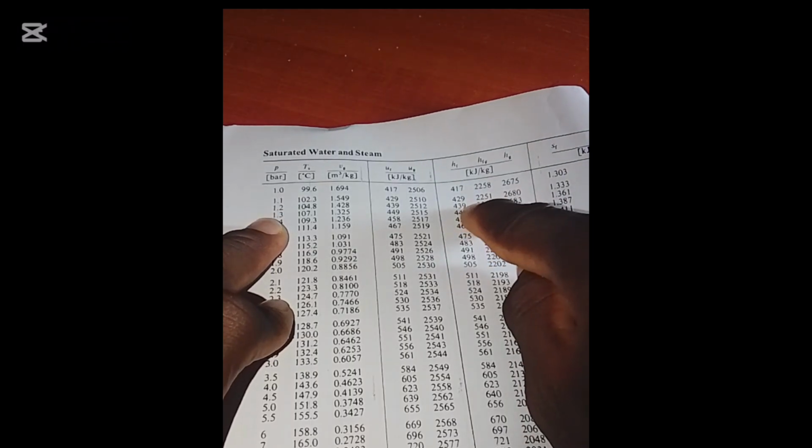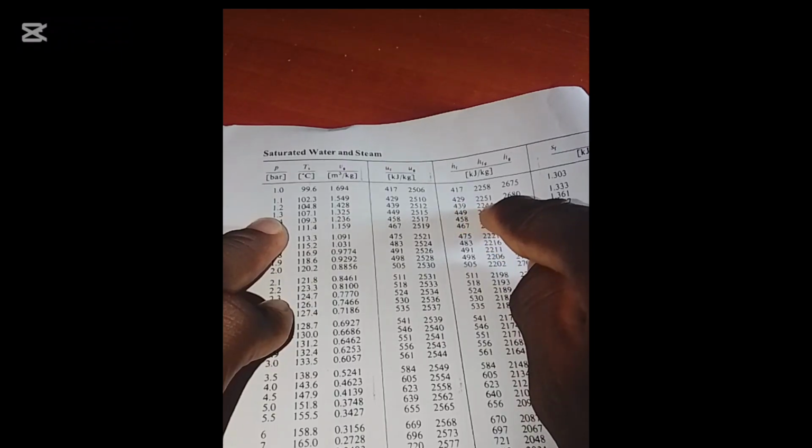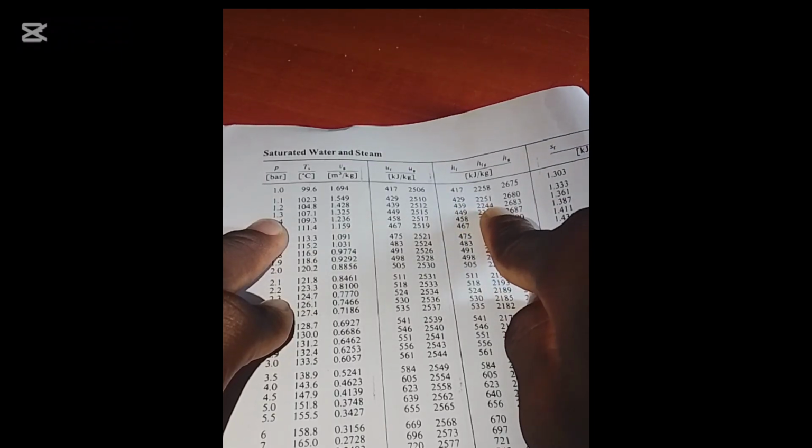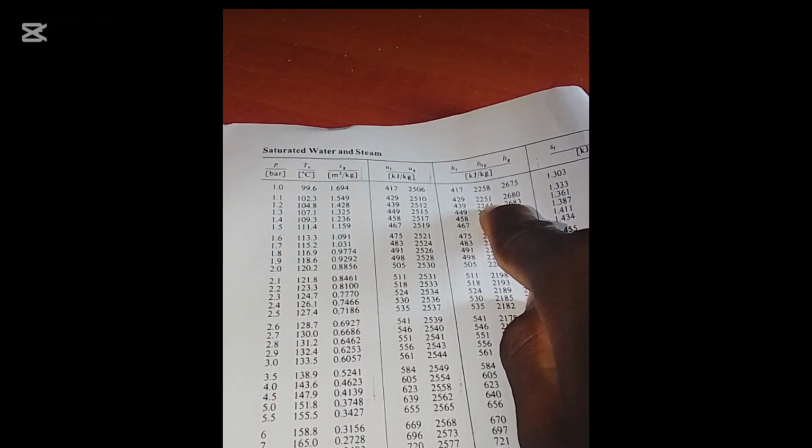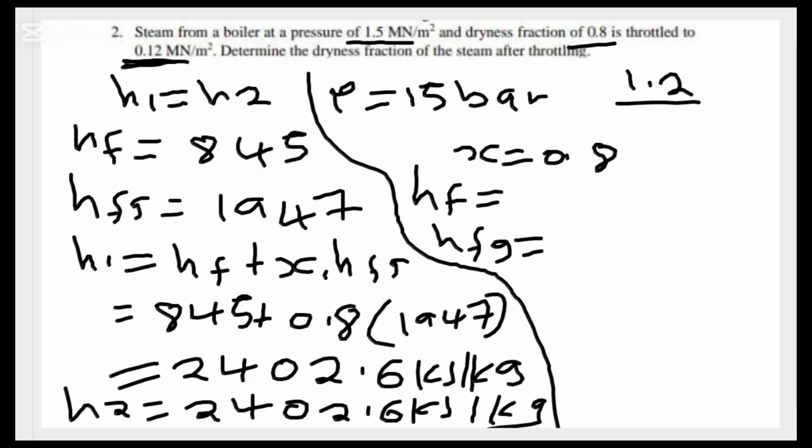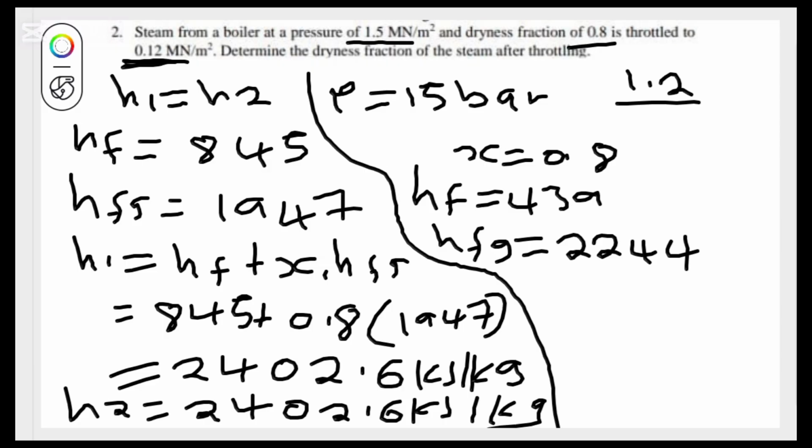So I'll pick those values, h_f and h_fg. As you can see, h_f is 439 kilojoule per kg, and h_fg is 2244.